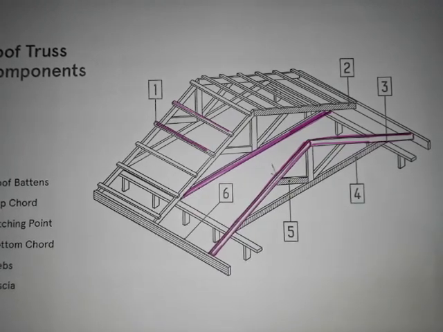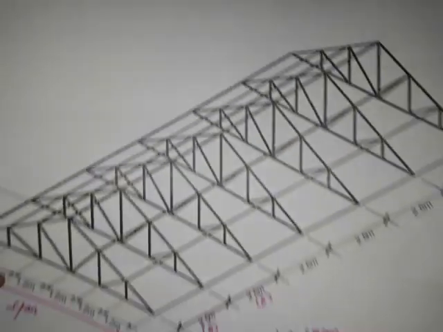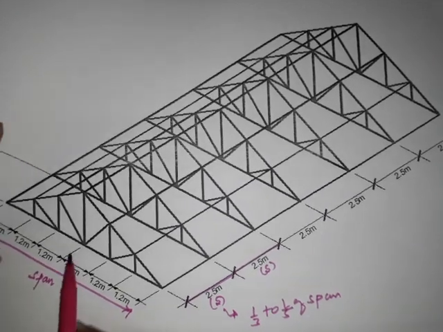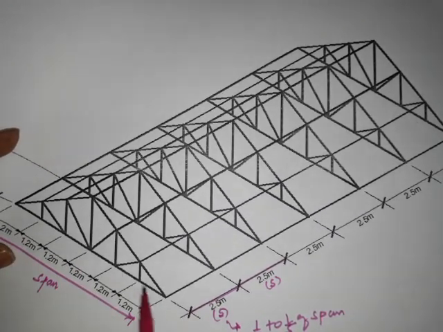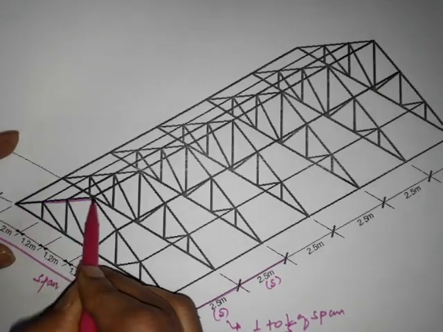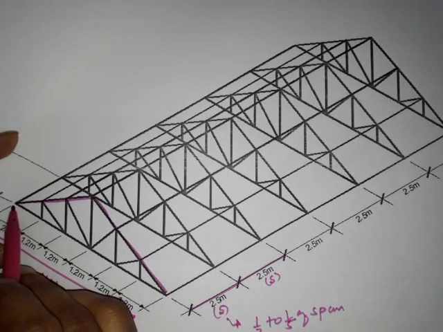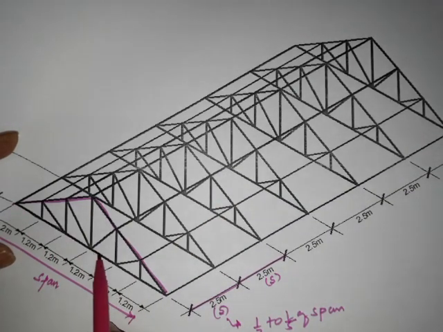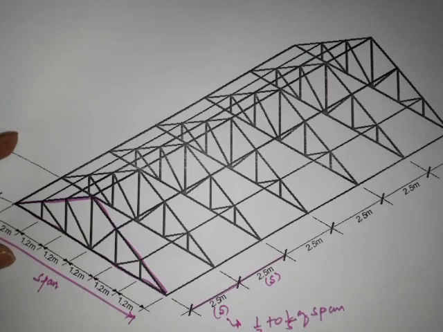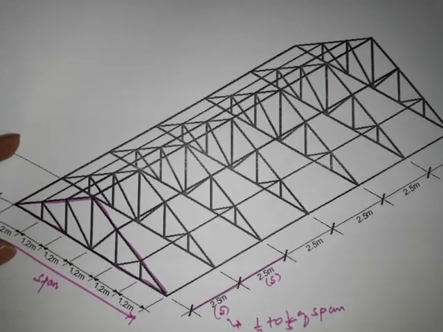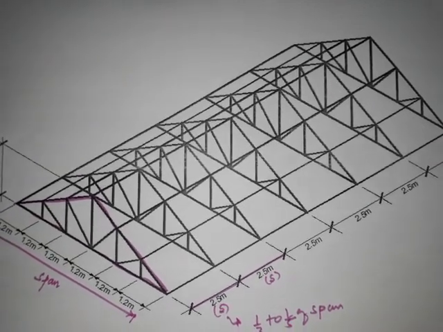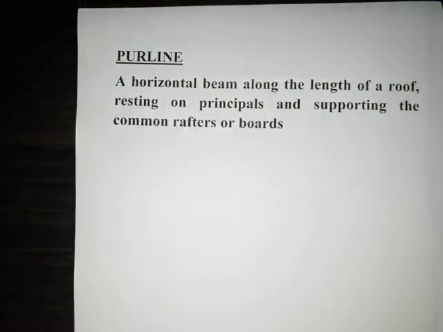In one more sketch, this element is called the main tie, and this element is called the principal rafter. This is the principal rafter, correct? And this is the main tie. We are discussing one by one. Then we have the purlin.